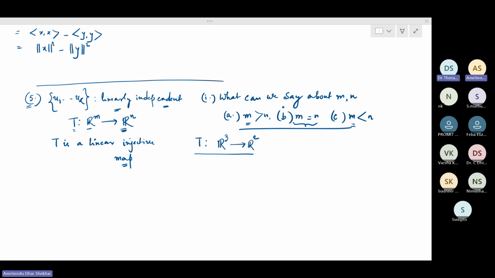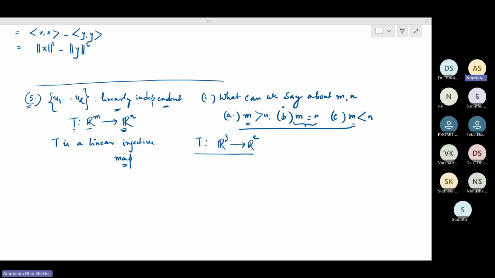Not possible. Okay. So in general, if the domain has a greater dimension than the target space, is it possible to have a linear injective map from Rm to Rn if m is bigger than n?